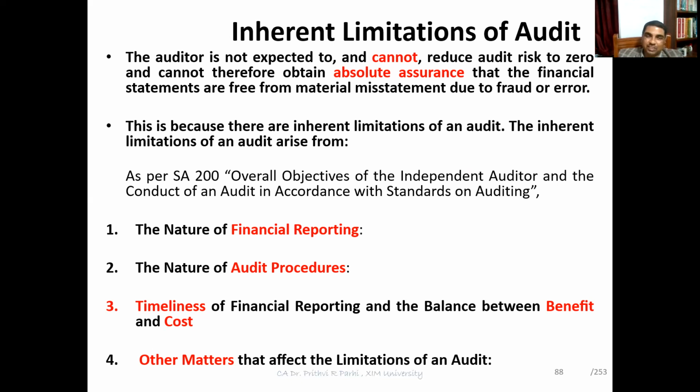Then the timeliness of financial reporting and the balance between benefit and cost. The financial reporting needs to be completed within a time, so within a certain time, auditing needs to be completed. If you go for a kind of absolute assurance, then it may be a very time-consuming exercise, and it may not be cost-effective.